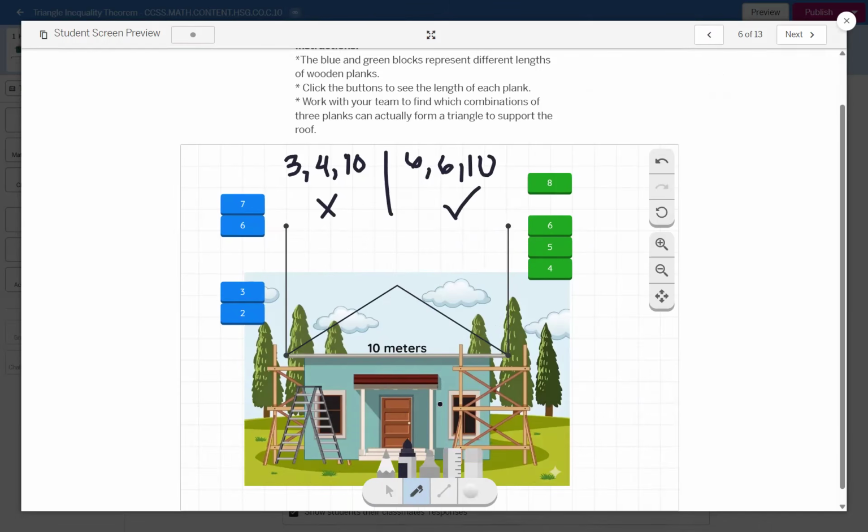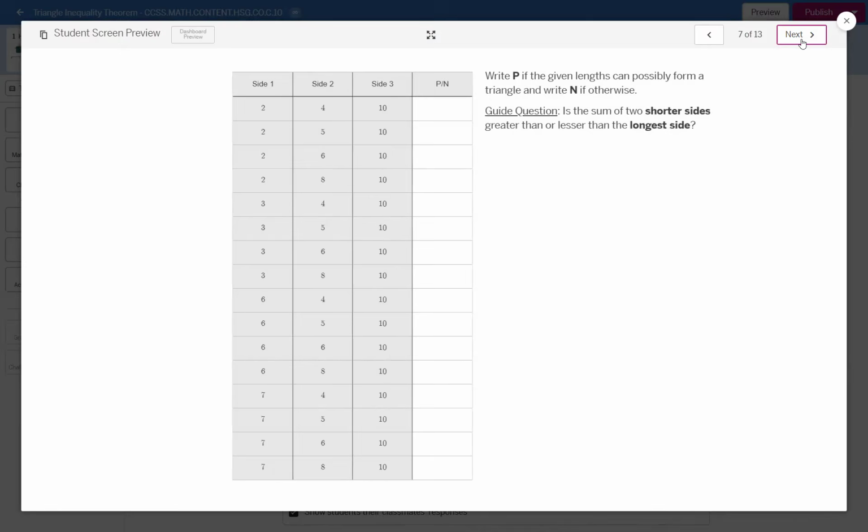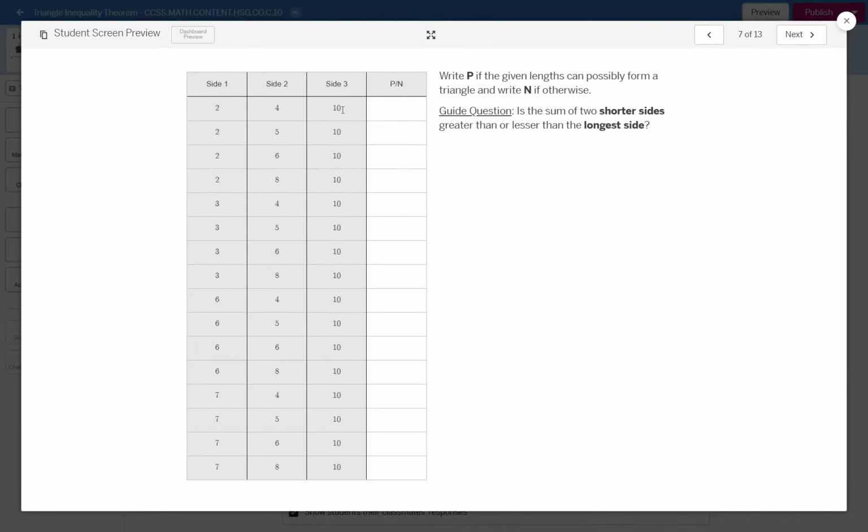But what are the different combinations of lengths that can form a triangle aside from 6, 6, and 10? And what are the different combinations using these 2, 3, 6, 7, 4, 5, 6, and 8 that can or cannot form a triangle? I'll leave that up to you. You try to discover and explore. Next, for the next slide, we have the different combinations of the lengths that we have in the previous slide.